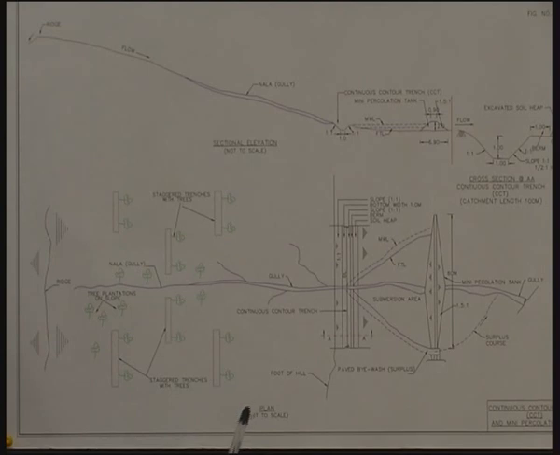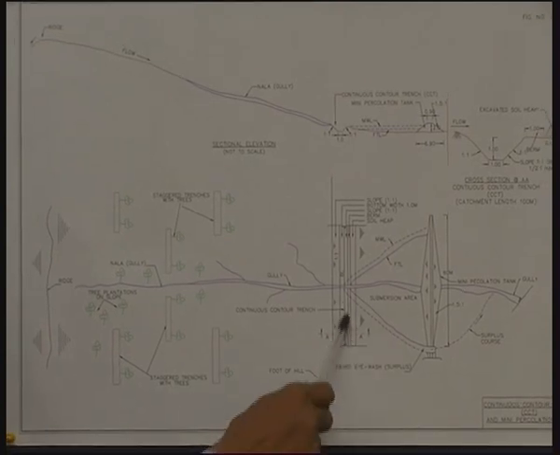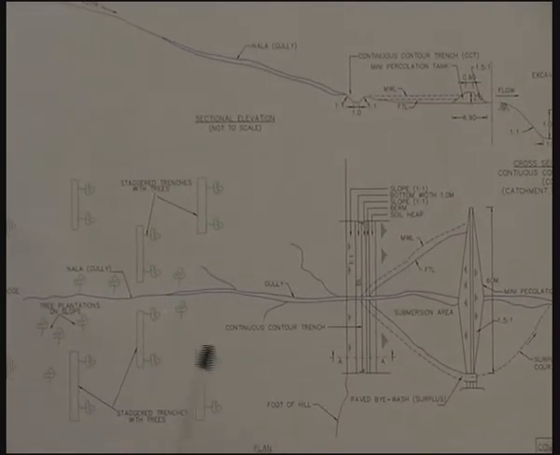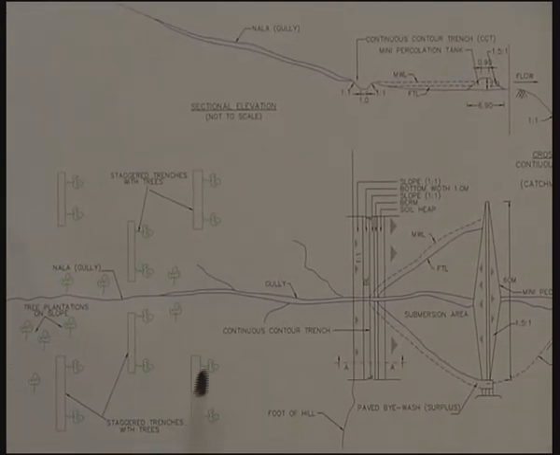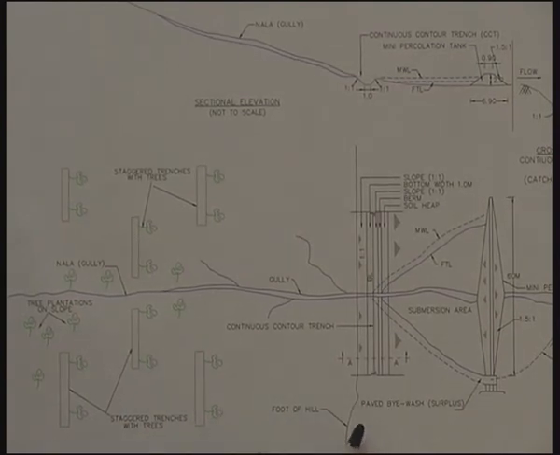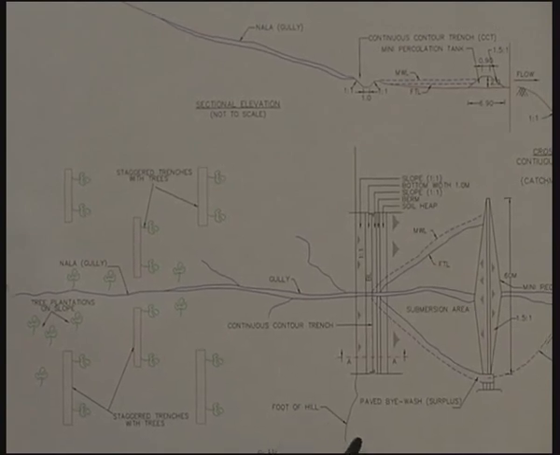Then the second point is, when the CCT negotiates a gully, this is a gully which is nothing but a small nala or vagu, a small stream, and the CCT is supposed to be continuous and it has got to be along the contour.